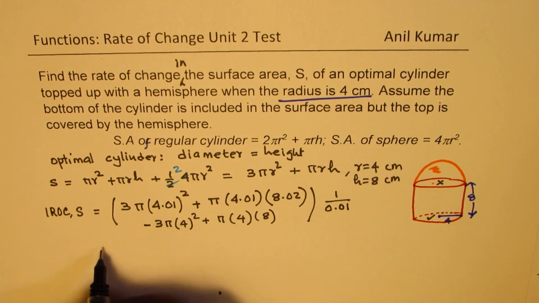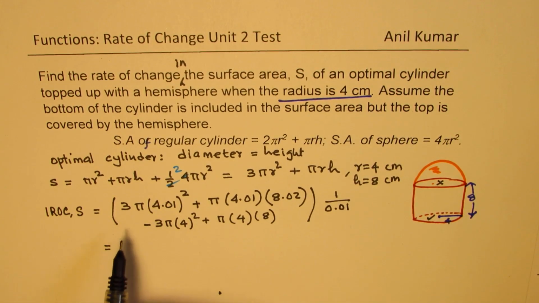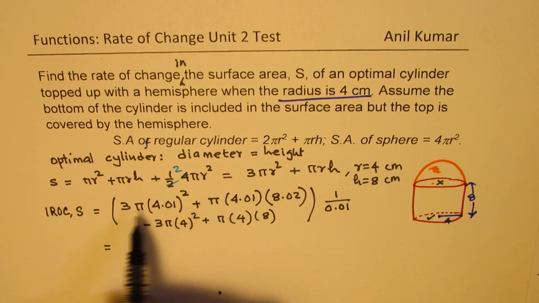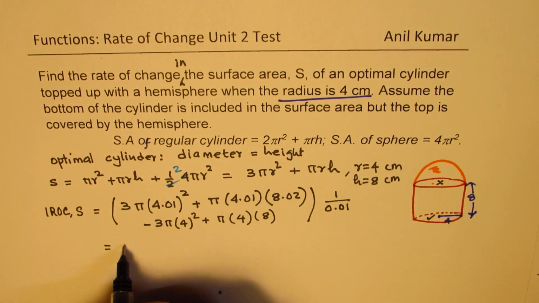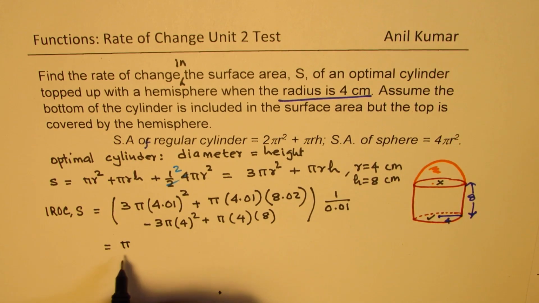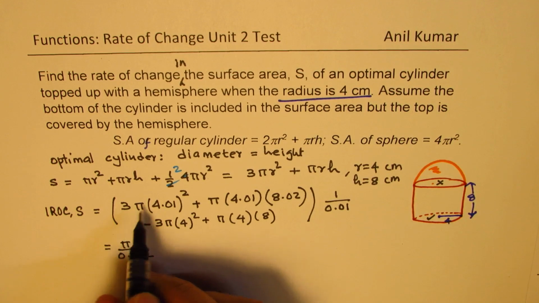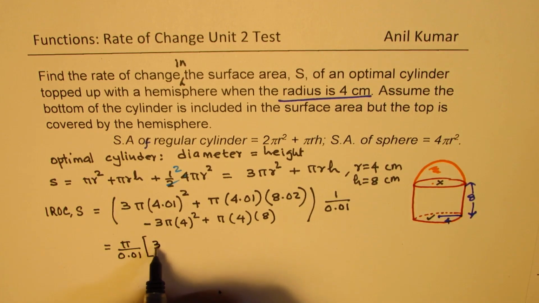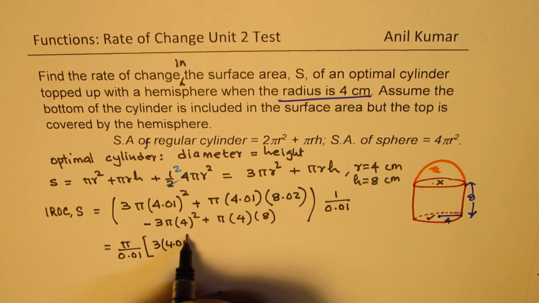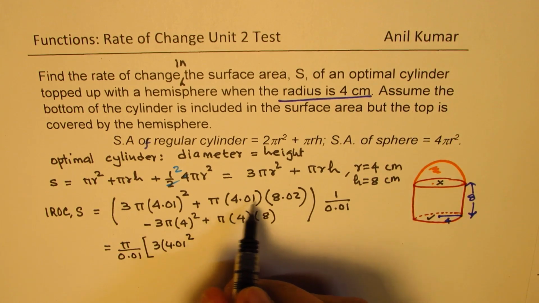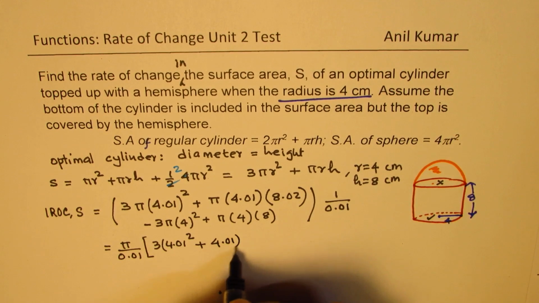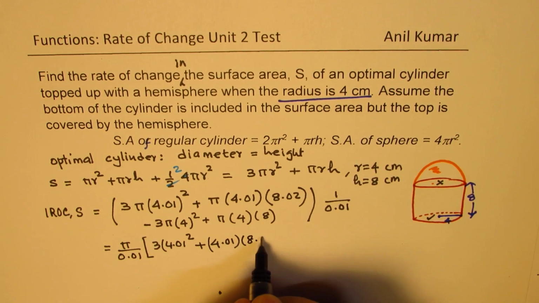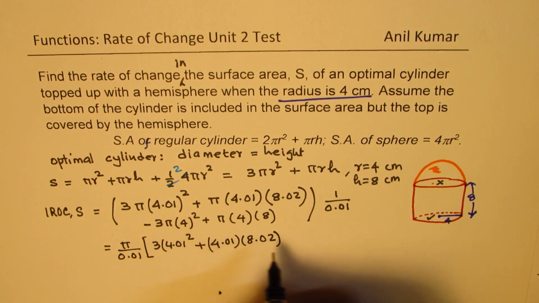So let me rewrite this. What we get here is we can take pi common. So we'll take pi common over 0.01, and within brackets we'll write 3 times 4.01 square, plus 4.01 times 8.02.